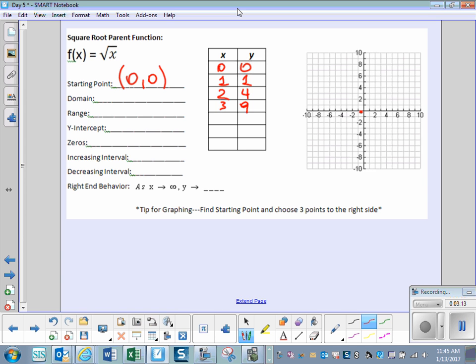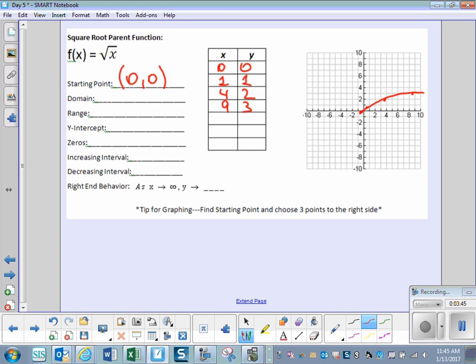I was doing squares in my head, but I should be doing the square roots. So 4, 2 is the square root, and 9, 3. Let's plot them and connect them.